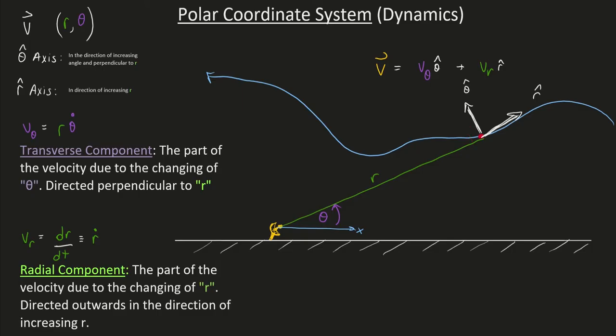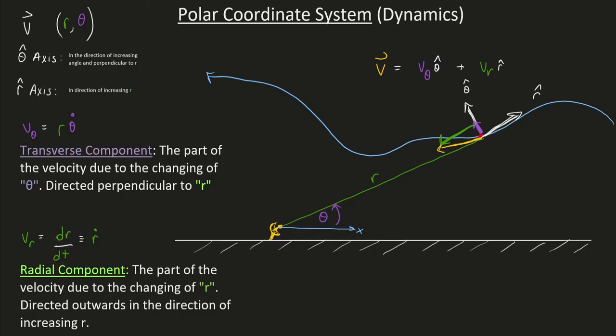As we can see, my true velocity is always tangent to my path in blue. So this is going to be my true velocity vector, at least the direction of it. And as we can see, my transverse component will be positive, and my radial component would have to be in the negative radial direction. So this number would have to be negative. In other words, r dot would have to be negative, which makes sense because as time goes on, my change in radius is negative because my radius is decreasing.